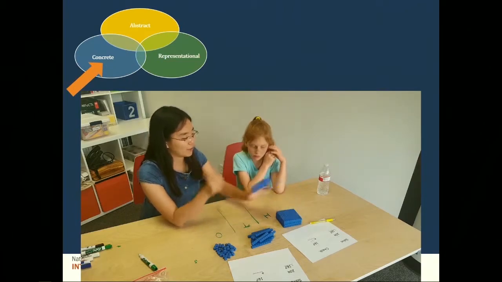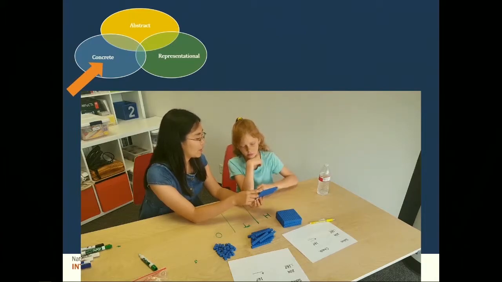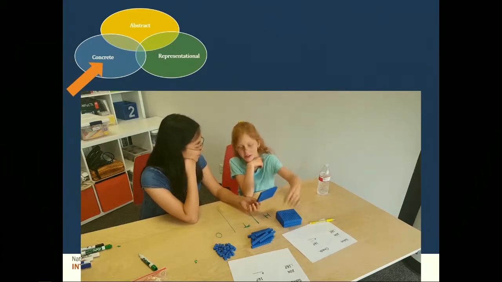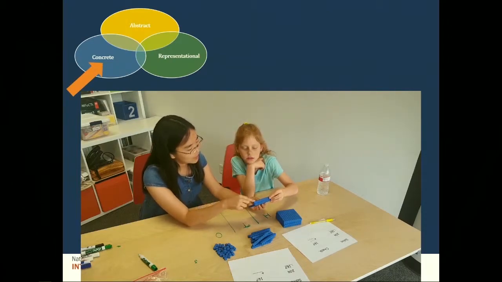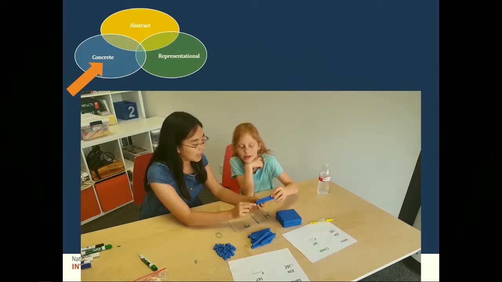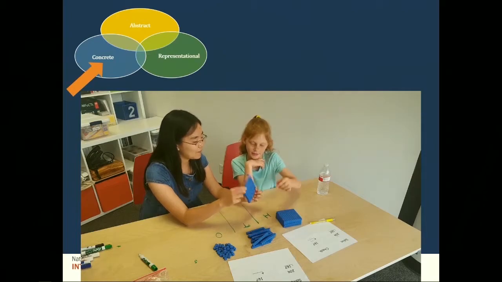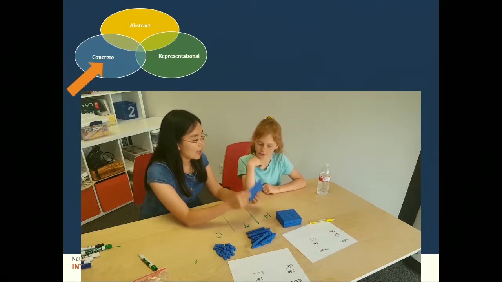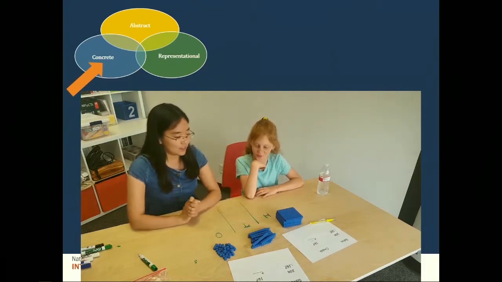Okay, now we also have these flats. One flat represents 100. Why do you think it represents 100? Well, it looks a lot like a 10. Yes, it's made of these tens. Let's see how many tens it has. 10, 20, 30, 40, 50, 60, 70, 80, 90, 100. Good job. So one flat represents 100, and 100 has 10 tens, right?